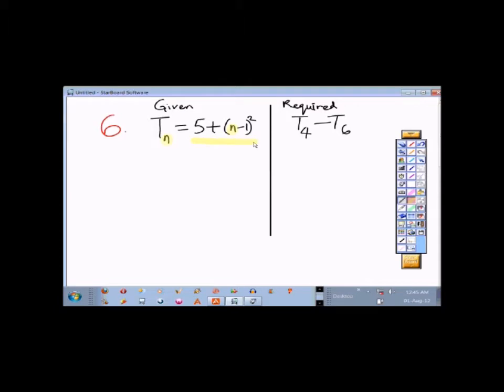So if on the left, as a subscript of this letter T, we have a value like 4, then it means 4 is going to be the value of n on the right hand side too.